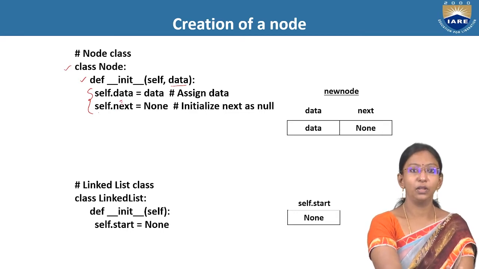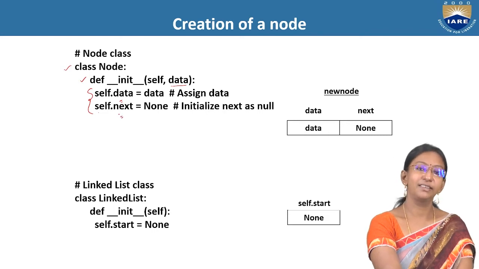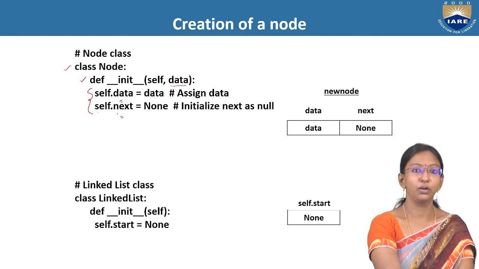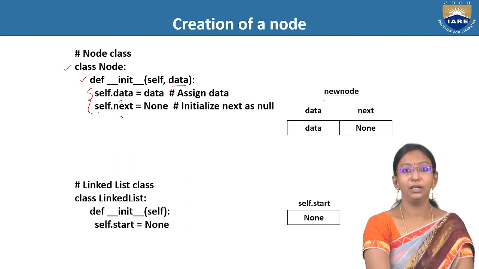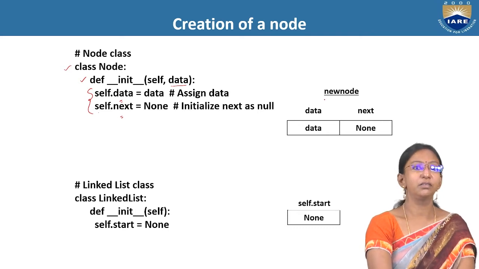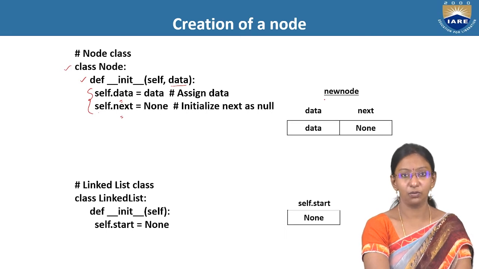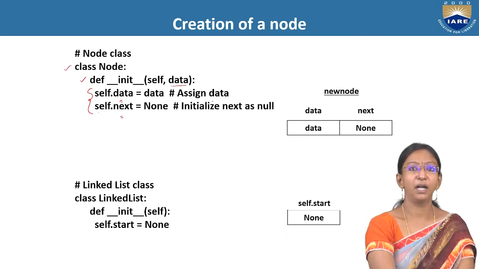And we all know that a node has two parts. One is the data part, the other is the next part. Next is nothing but the link part, which holds the address of the next node. But initially, when we create a node, this node is a newborn one, and it is not linked to any other node. So its next part will be initialized with None.